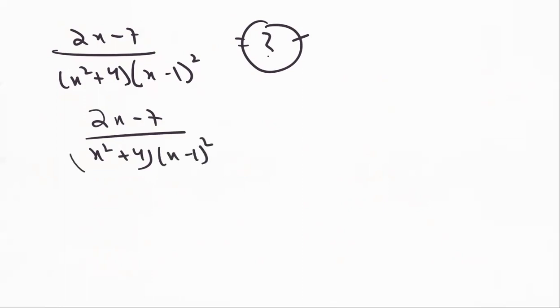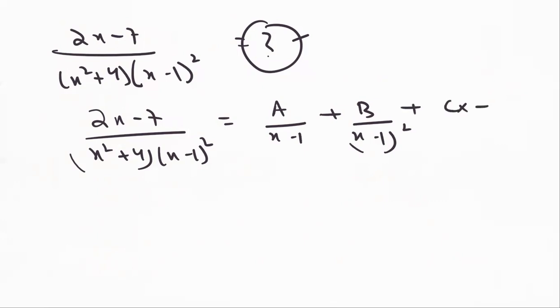We can write it like this. Yes, someone told me that we can go till d, so we can write a over x minus 1 plus b over x minus 1 square plus cx plus d over x square plus 4.